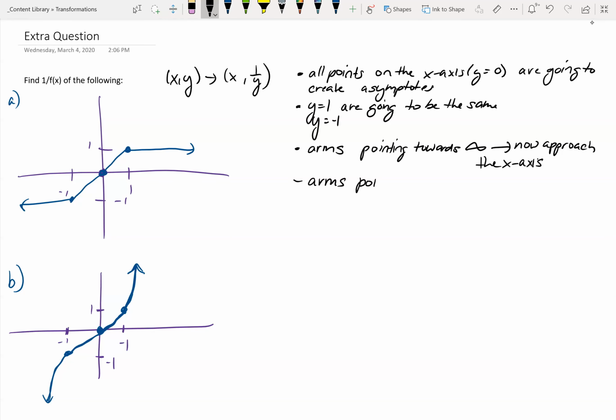And the other way around, arms that were originally pointing towards the x-axis, or approaches the x-axis, instead of pointing here, will now approach infinity.